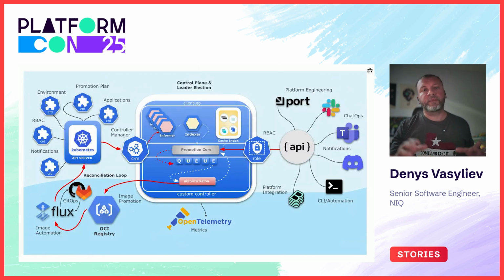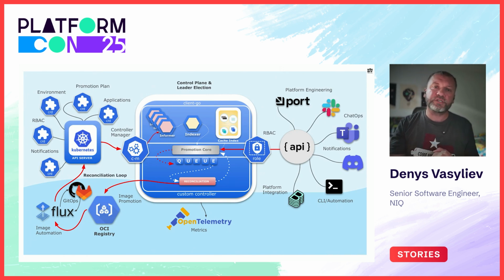Let me give you a real-world example, our custom controller for release promotions. In our journey, we created a custom controller to handle application promotion, safely moving applications from dev through stable to production.